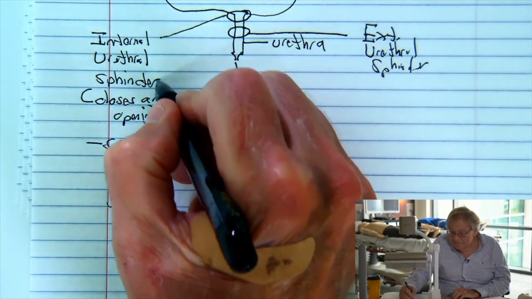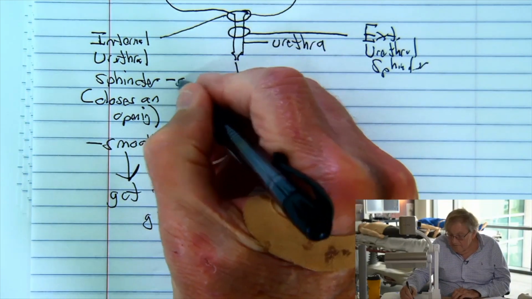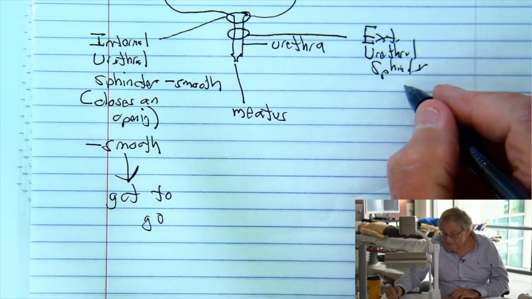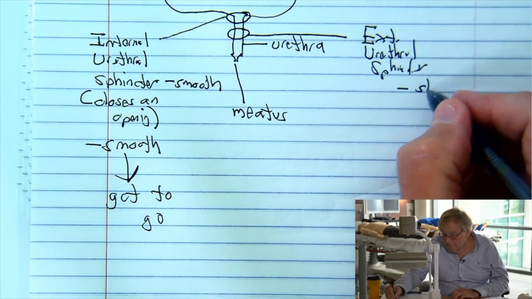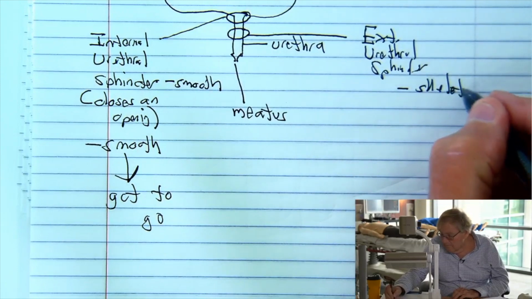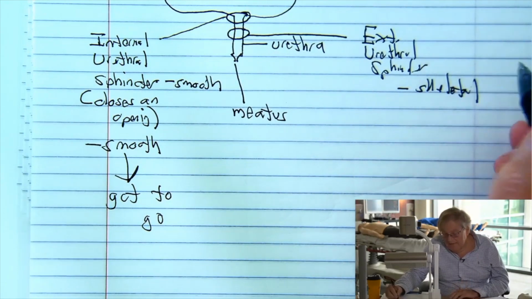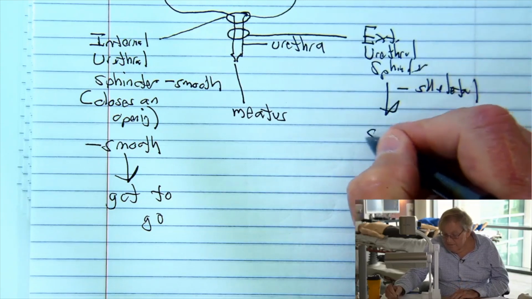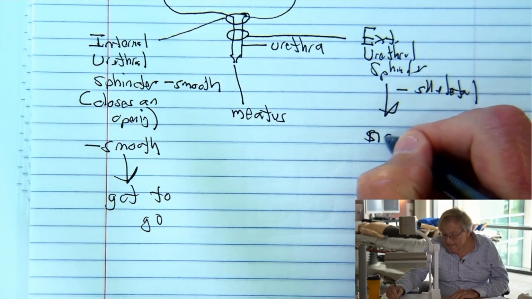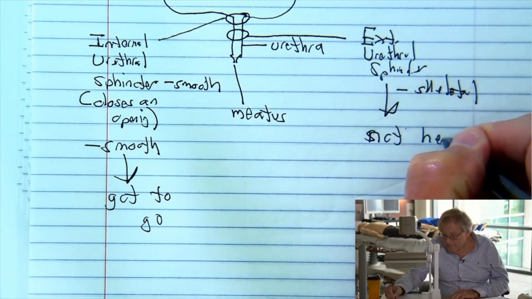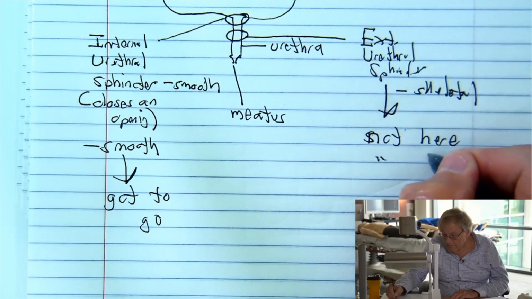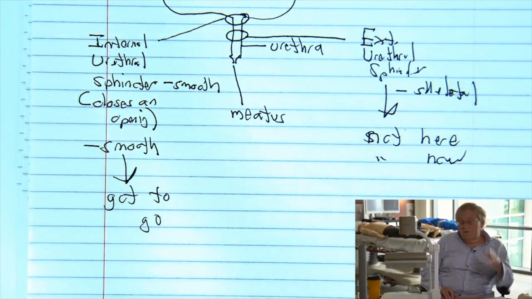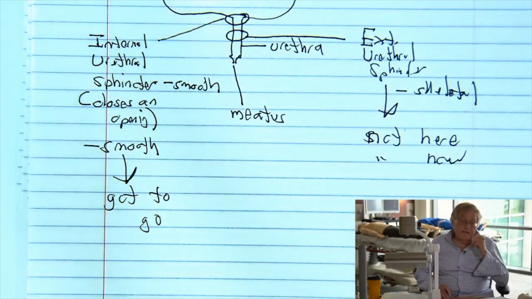So this sphincter is smooth or involuntary, and this one is going to be skeletal. And therefore, it's skeletal muscle, and it's going to say, not here, or not now.